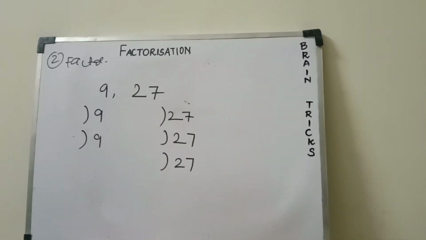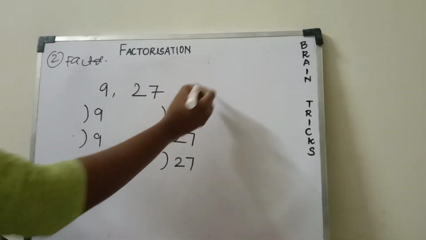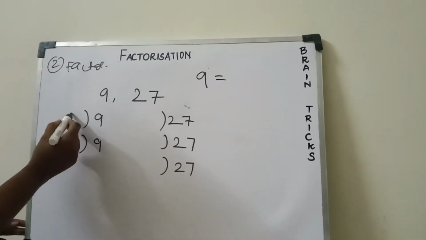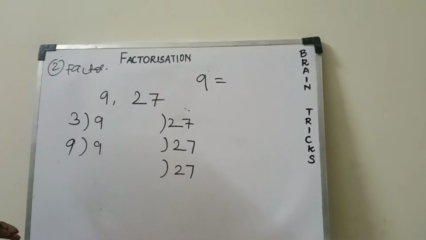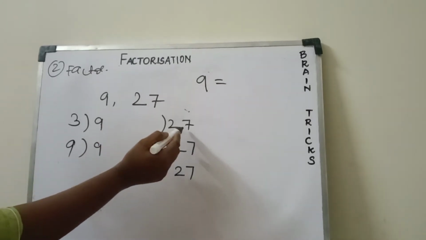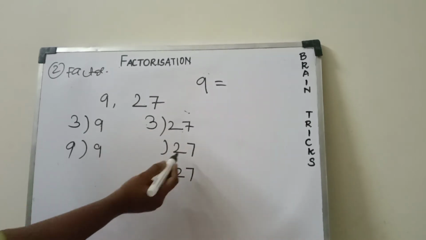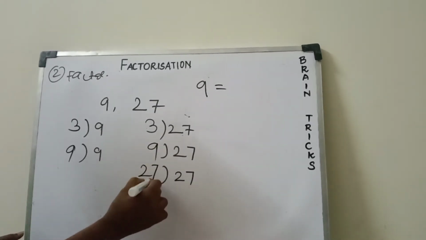What is the common factor of 9 and 27? First, you have to find the factors of 9. 9 is divisible by 3 and by 9. Clear? Next, what are the factors of 27? 27 is divisible by 3, by 9, and by itself.